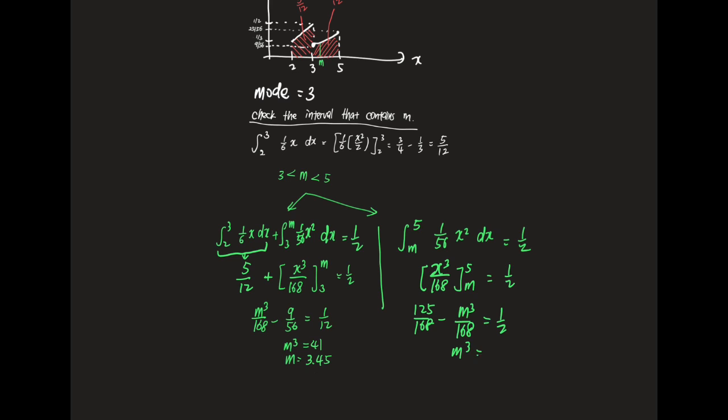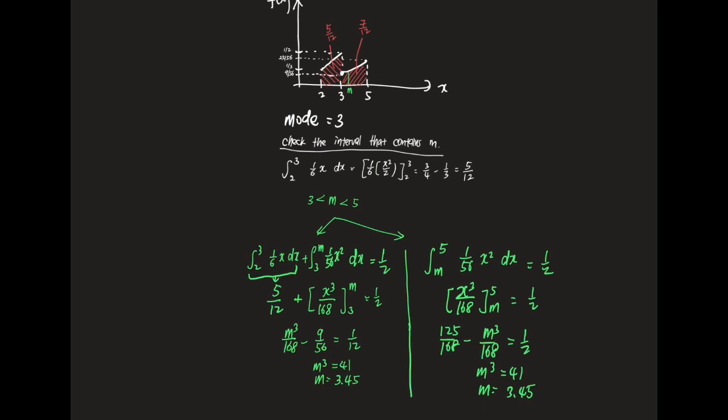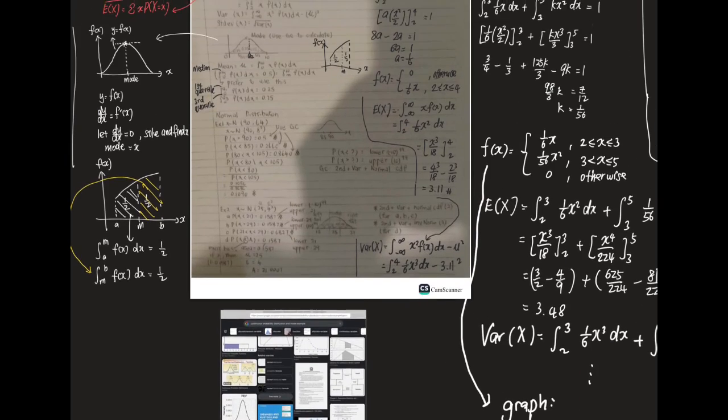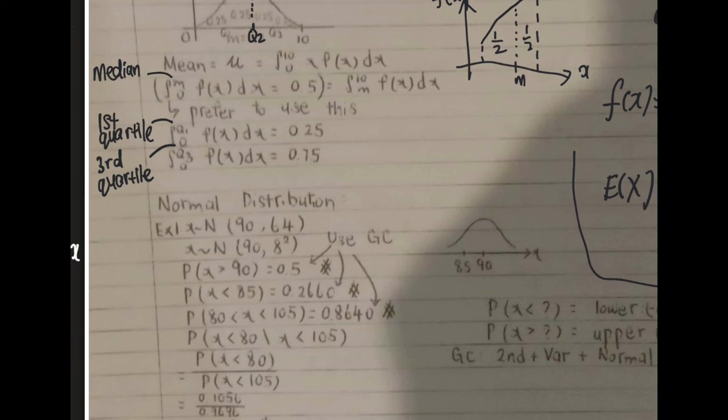So there are two methods to be used to find the m, the median. So either left hand side of the graph, it involves two functions, or right hand side of the graph, it involves only one function. So you already know how to find mode and median. Okay, now you see they say prefer to use this, not necessary one, depends on graph one.